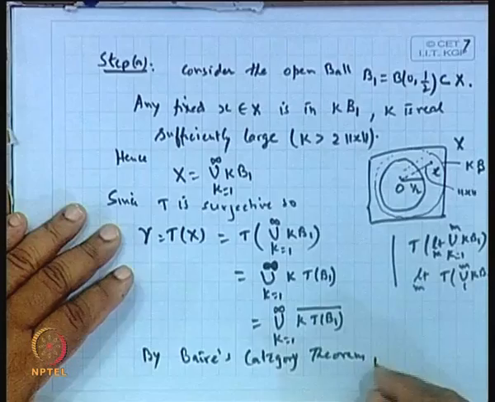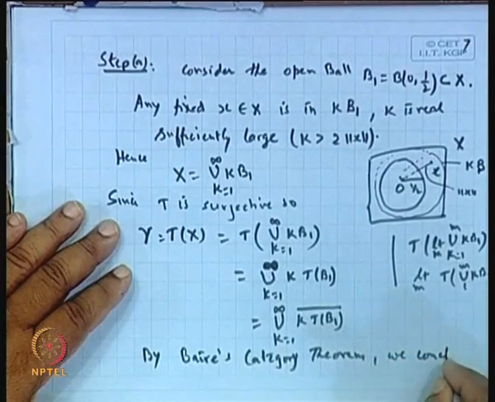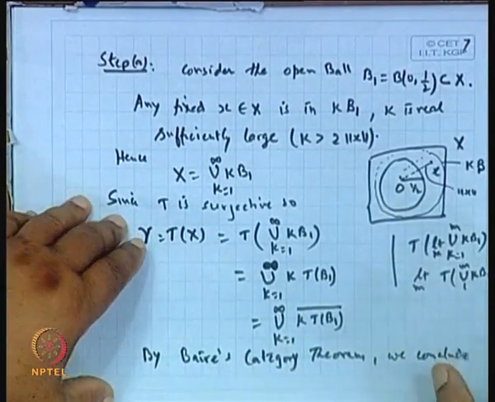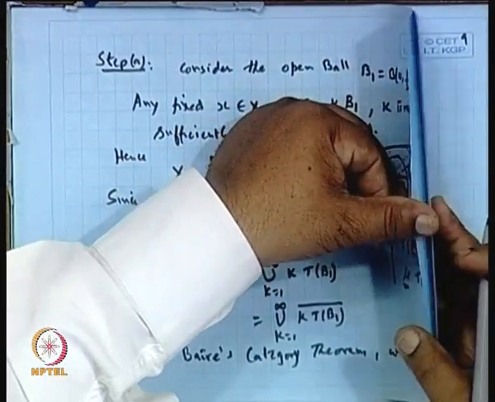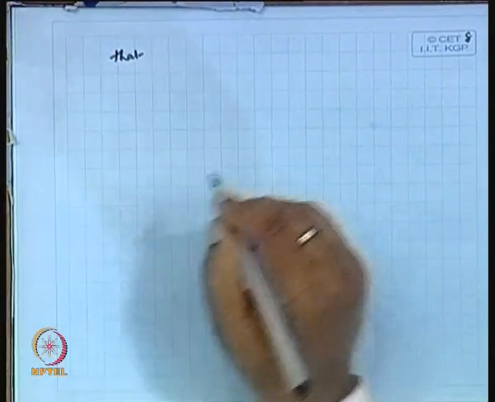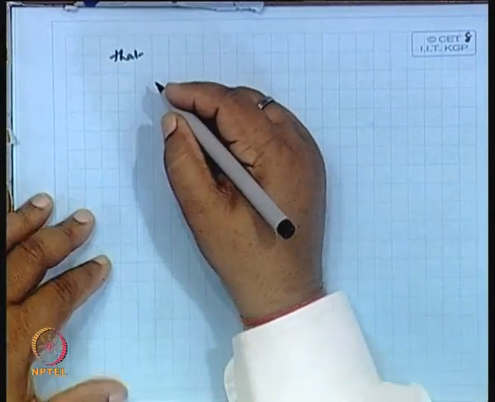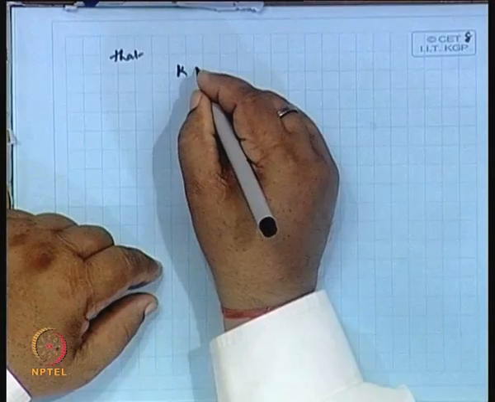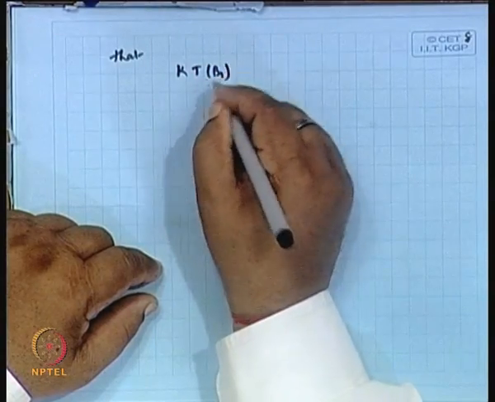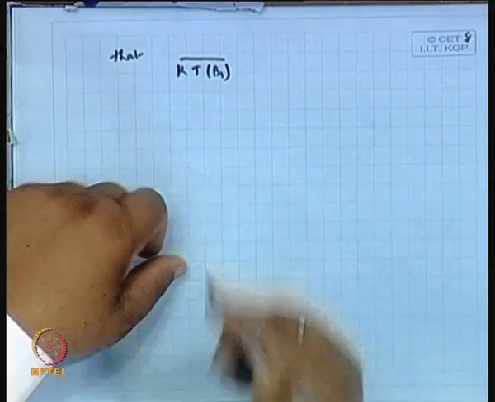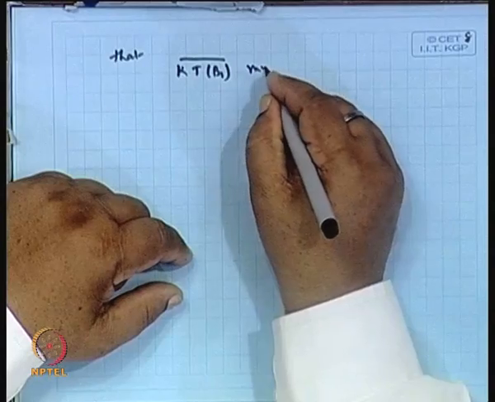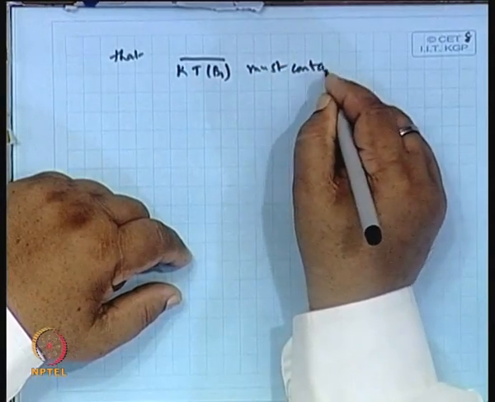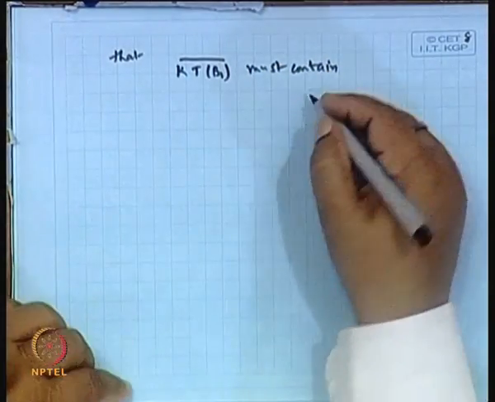So we conclude that this set, the closure of k T B1, must contain some open ball.